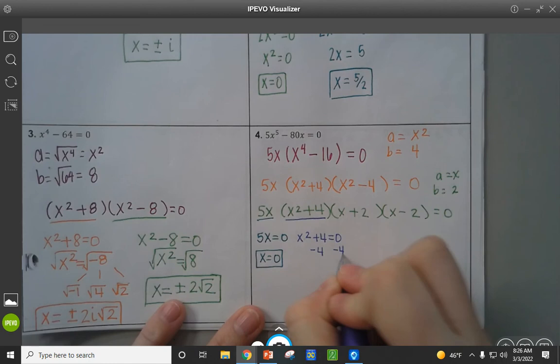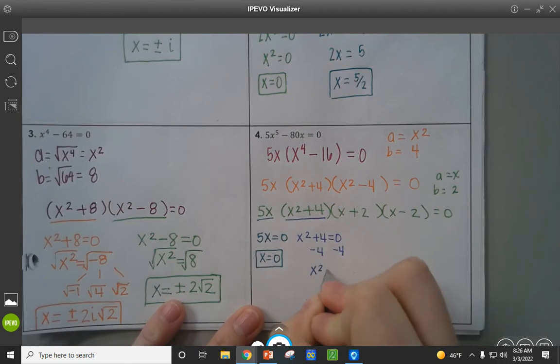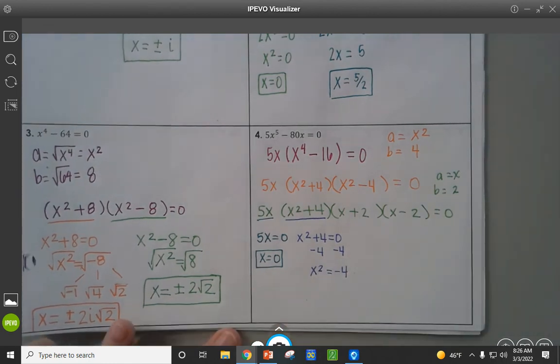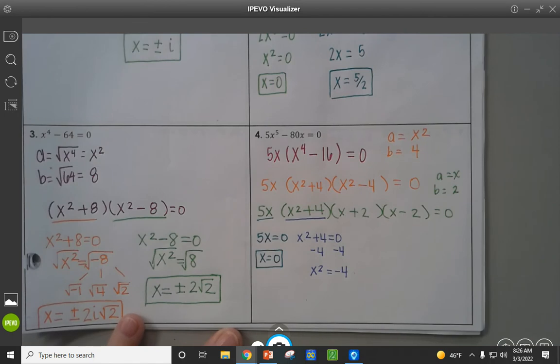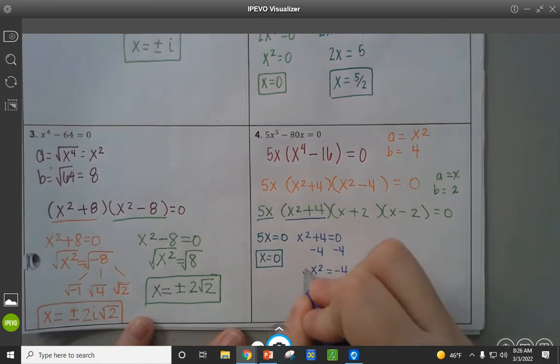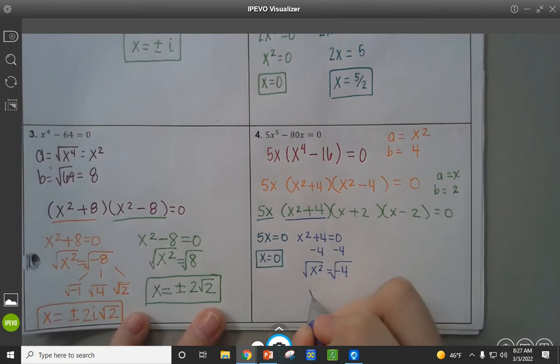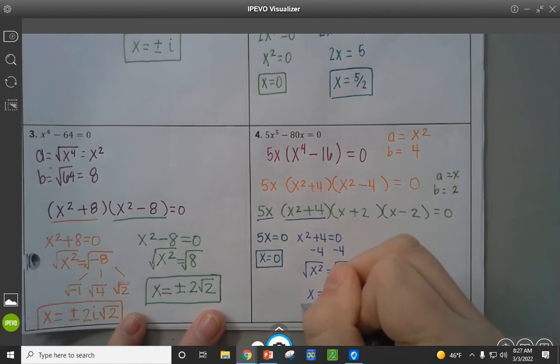We subtract 4 from both sides, we get x squared equals negative 4. Then we take the square root. What's the square root of negative 4? 2i. Yep. Plus or minus 2i.